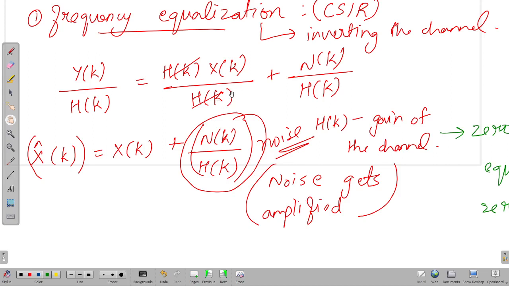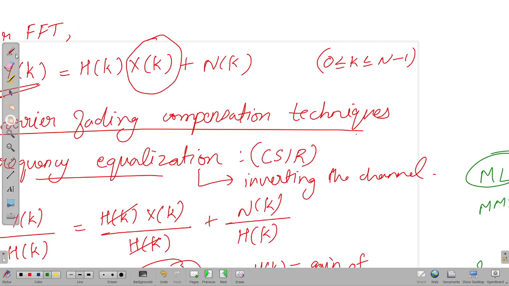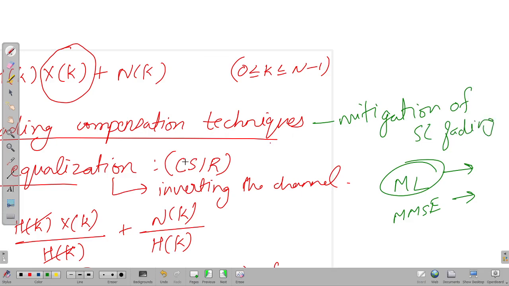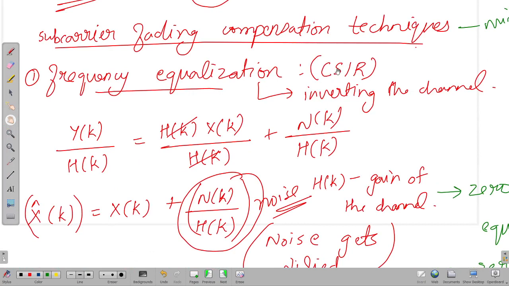Okay, so that's about the different flat fading compensation techniques. And this is how mitigation of subcarrier fading is performed. One method is frequency equalization, in which channel state information is required to be known by the receiver.